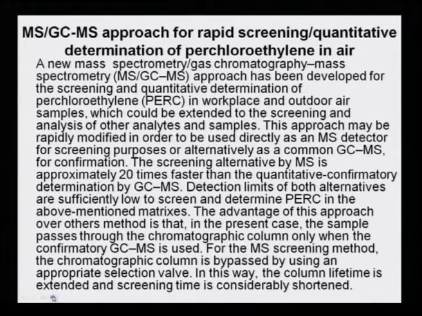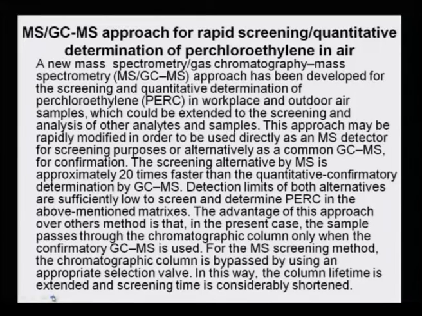Similarly, another method that I have selected where an MS and GCMS approach for rapid screening and quantitative determination of perchloroethylene in air has been shown. A new mass spectrometry, gas chromatography mass spectrometry approach. Now, you see MS and GCMS have been hyphenated or connected.